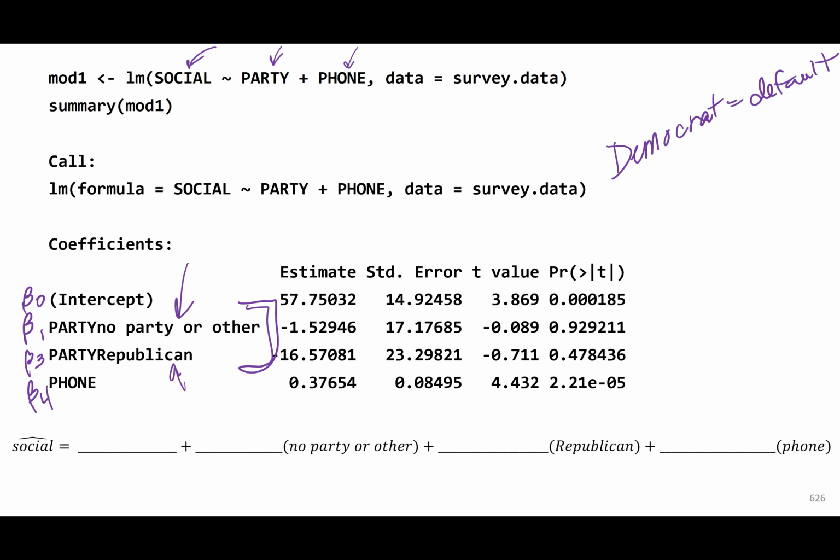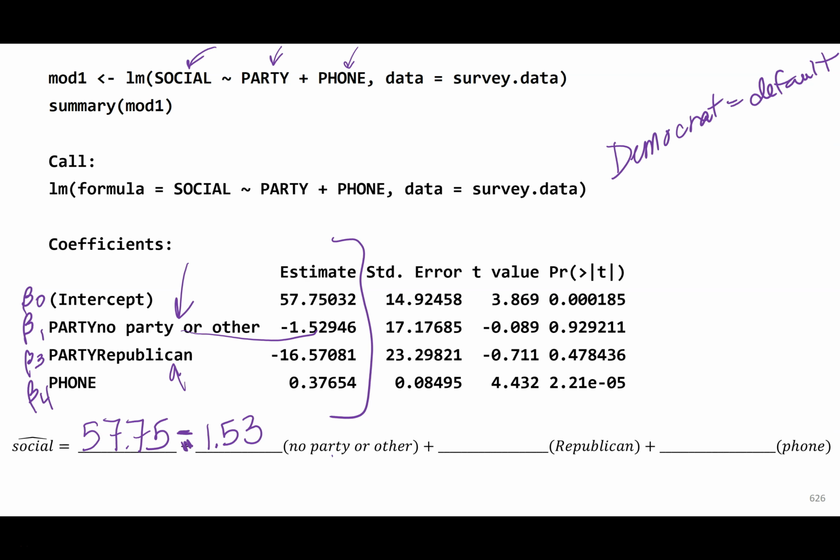So if I wanted to set this up, intercept, I'm going to look at these estimates. So my estimate, I'm just going to take out to 5 spots, 57.75. And it looks like this is a minus 1.53 times no party.